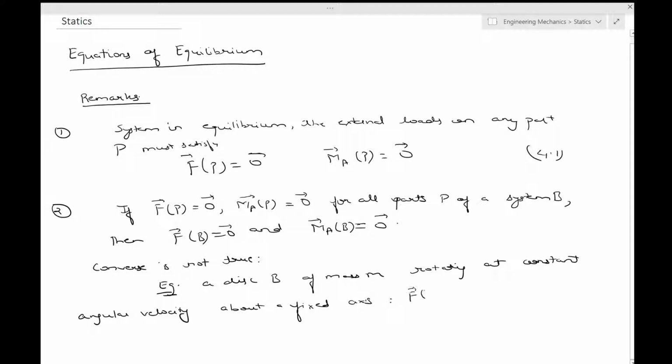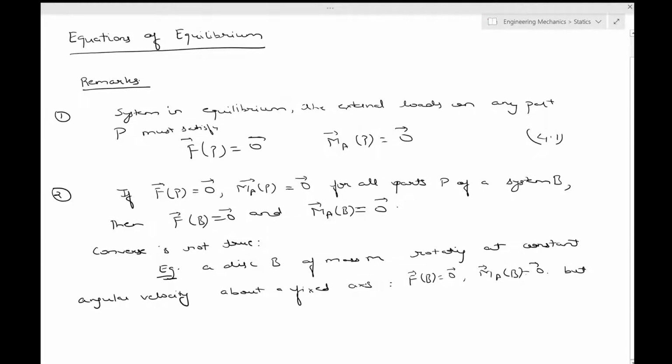So F of B is equal to 0, M_A of B is equal to 0, but if you take its semicircular part, its center of mass C will have this force half m a_C, which will not be equal to 0.